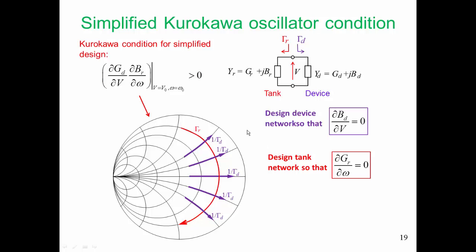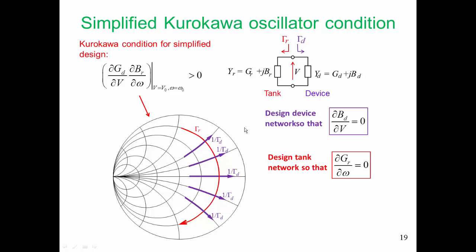Also, GD will change. Now GD is negative, so gamma D would be outside the unit circle of a Smith chart. And so here we're plotting 1 over gamma D. As GD becomes less negative as amplitude increases, those purple lines with the arrow are indicating what happens to 1 over gamma D as the amplitude increases.